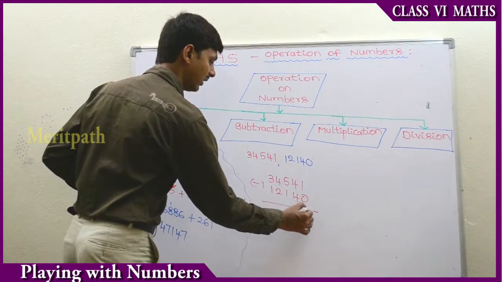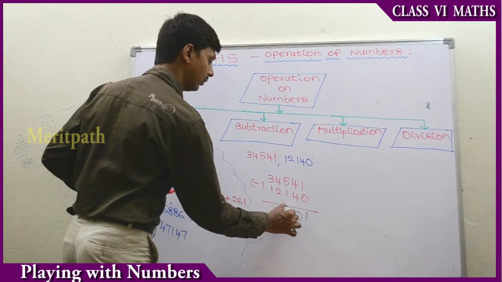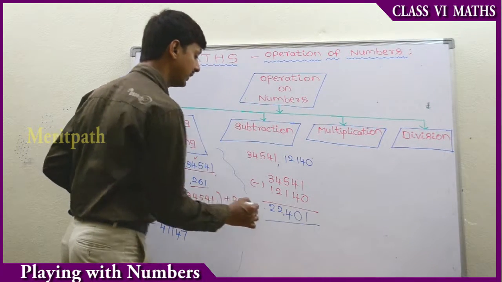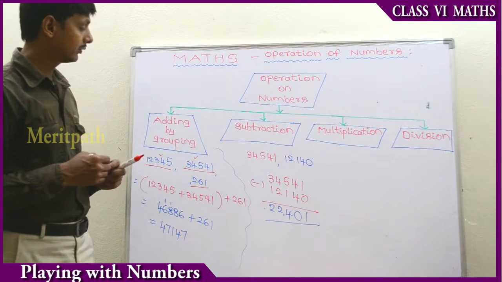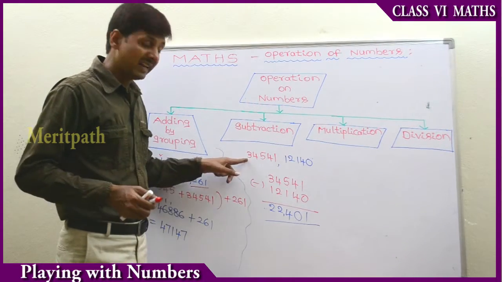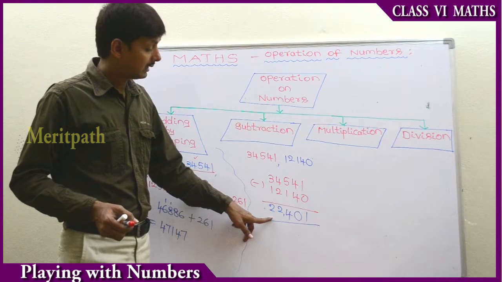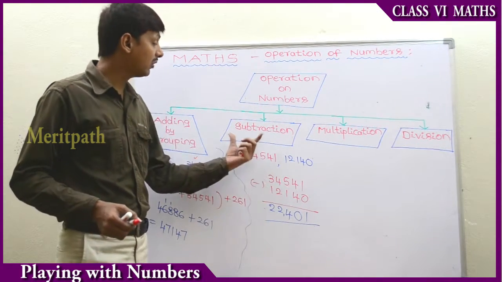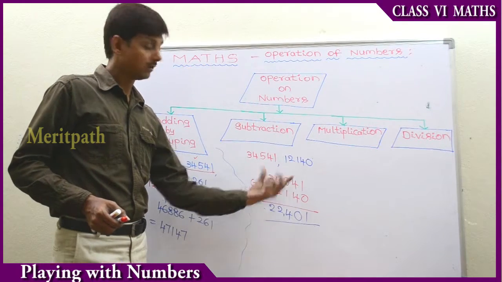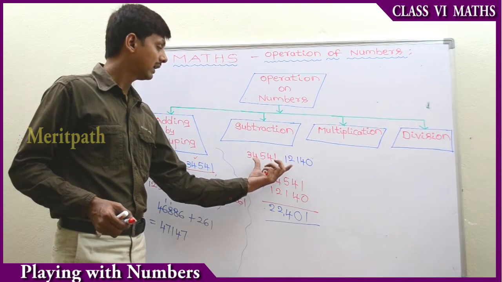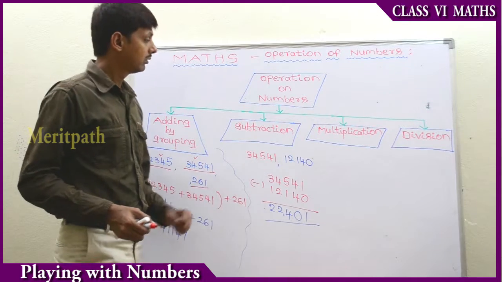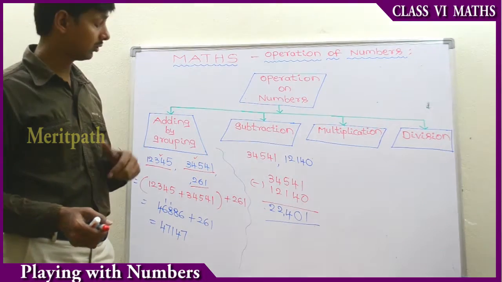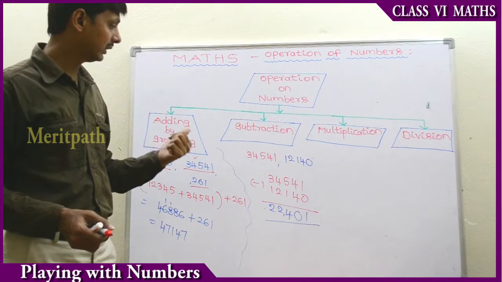We got 22,401, and this result is called the difference of the given two numbers. This is the process of subtraction.